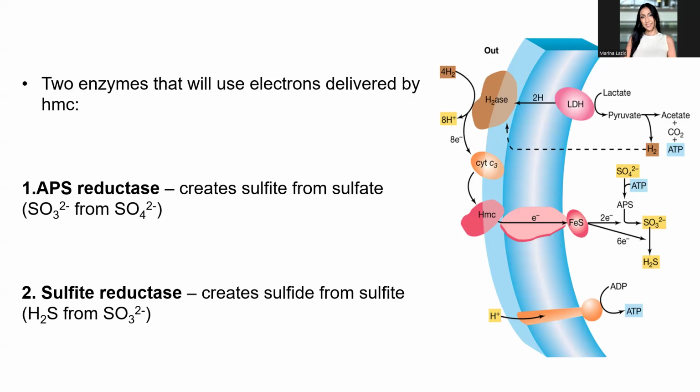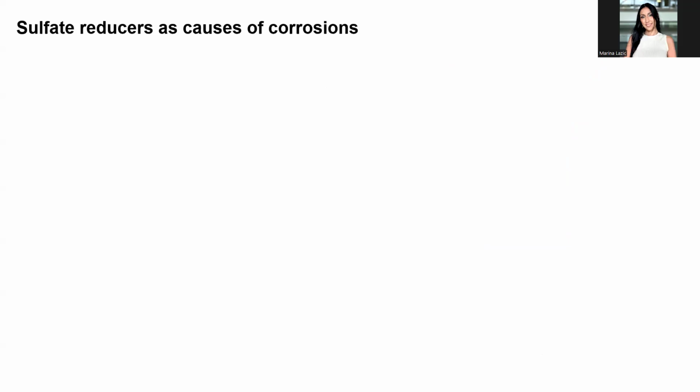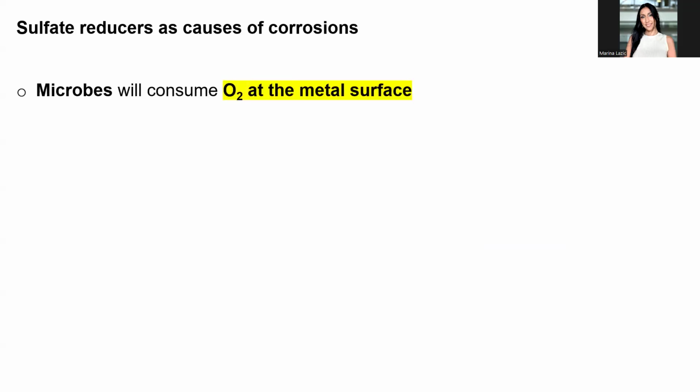One interesting thing about sulfate reducers or SRBs is that these organisms cause corrosion on bridges. I like to ask this question in all my classes because I found it easy to memorize. They often can consume oxygen at the metal surface, like aerobic microbes. Then that metal surface becomes anaerobic or oxygen depleted, again, thanks to microbes.